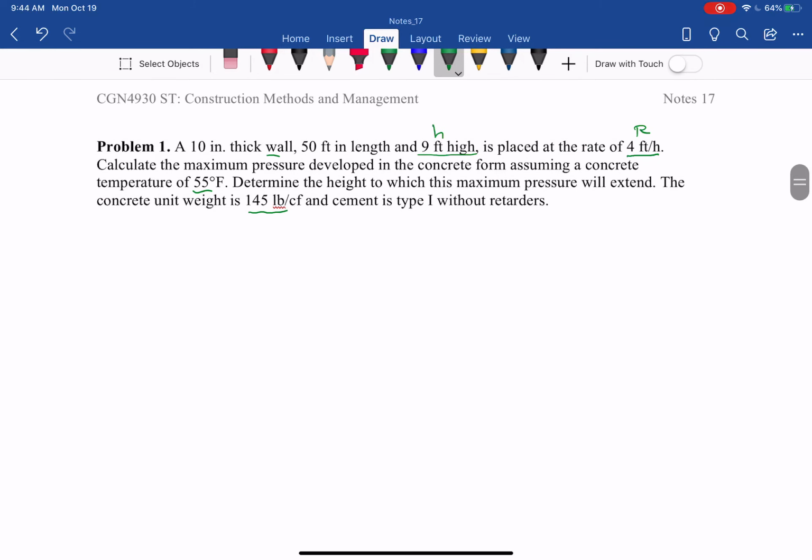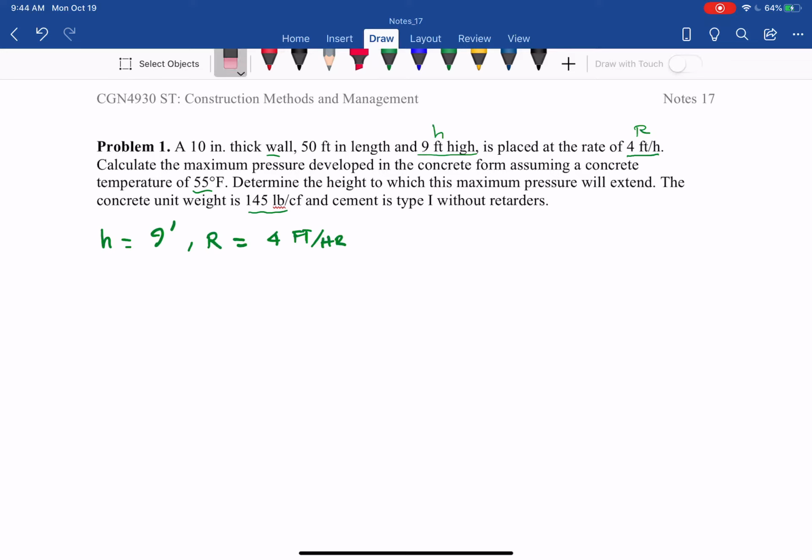As you can see right now, what is given: we have H equal to 9 feet, and the rate of placement of the concrete is 4 feet per hour.